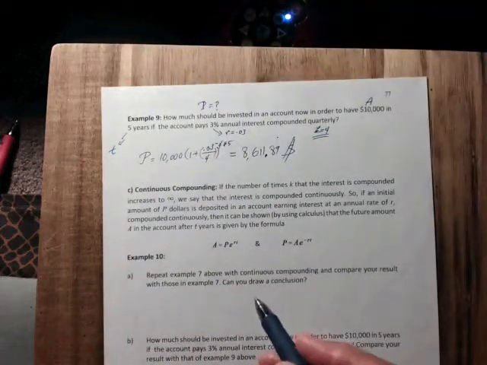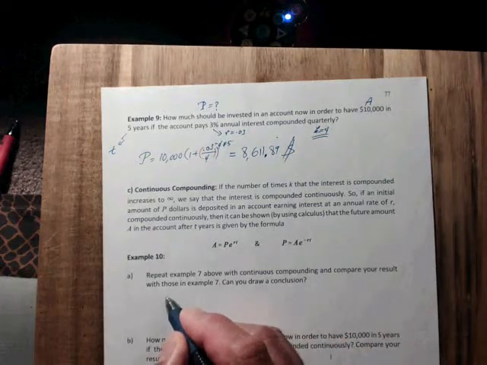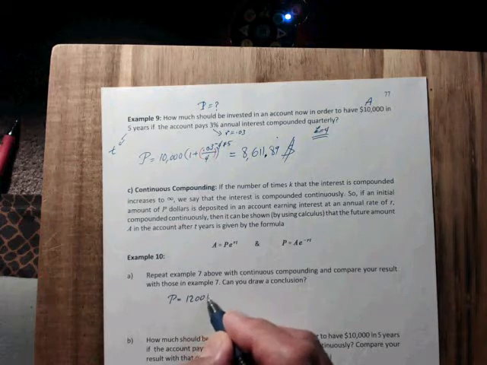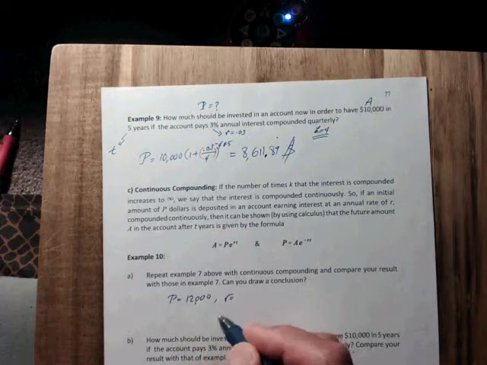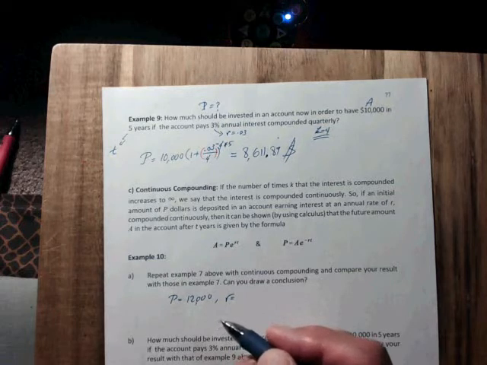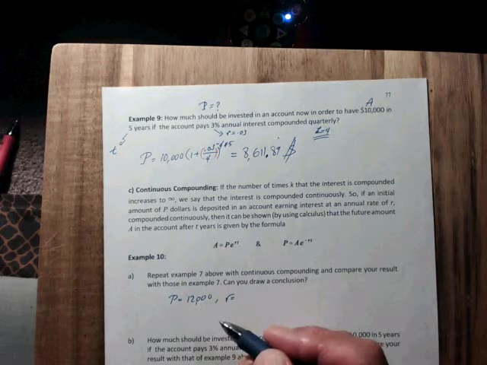And that's exactly what this problem is. So P is 12,000. R is 2.5%.